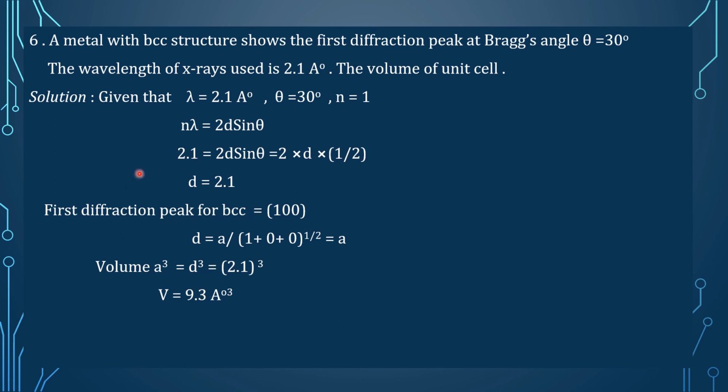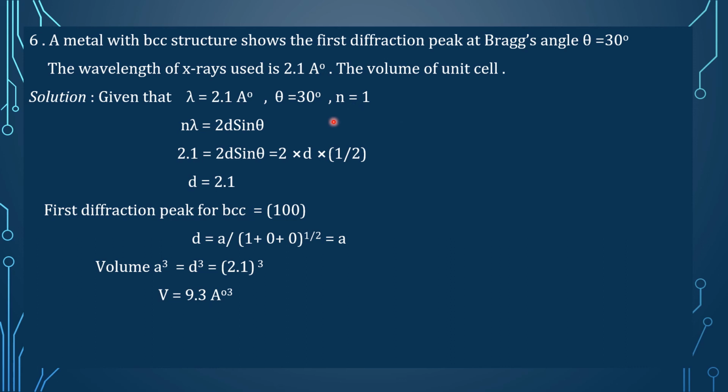Sixth question. A metal with BCC structure shows the first diffraction peak at Bragg's angle theta equal to 30 degree. The wavelength of X-rays used is 2.1 angstrom. The volume of unit cell is. So we know that it is given lambda equal to 2.1 angstrom, theta is equal to 30 degree and n is equal to 1.